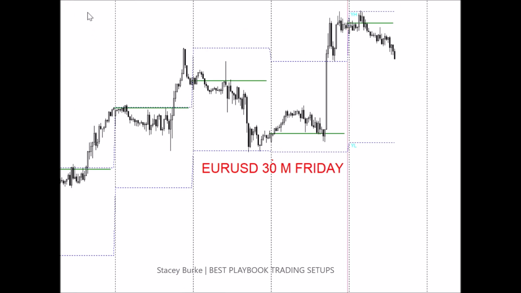We also saw the dump and pump template with the euro heading into major red news on Friday, again noticing the levels, high of week, low of day, and closing price for the coil and the explosive parabolic trend continuation trade, the dump and pump template on Friday.